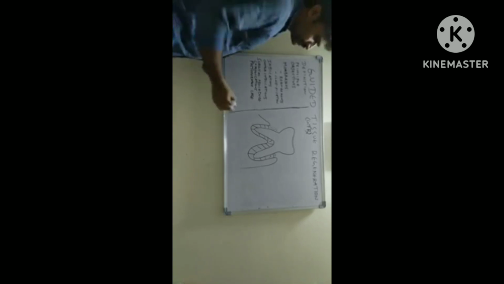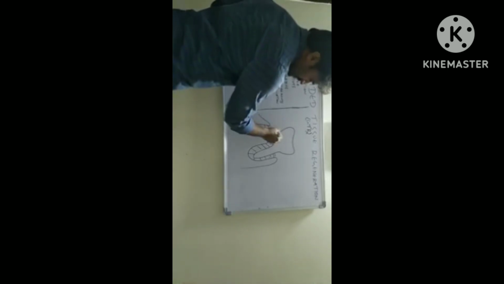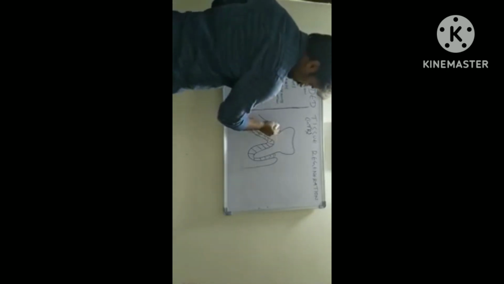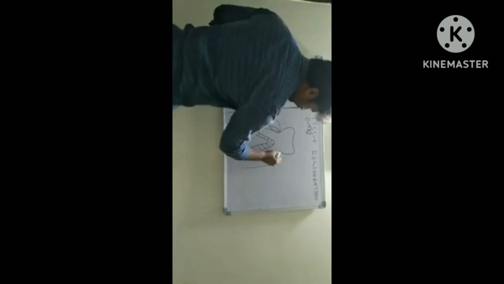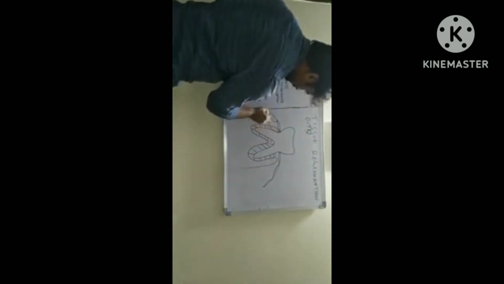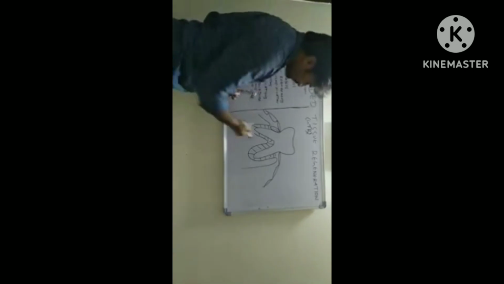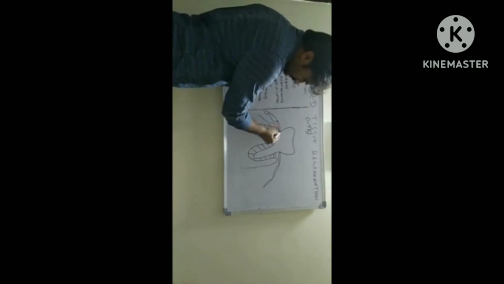So, this area is the last periodontal attachment area. So we have overlying gingival tissue. This is the gingival tissue. So we'll place the GTR membrane here. This is the GTR membrane.